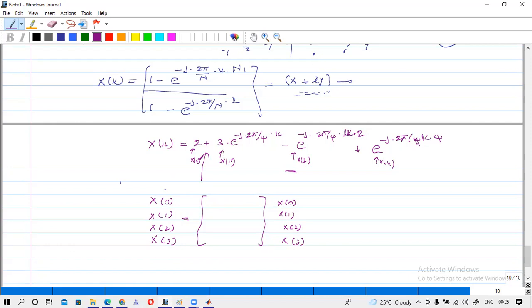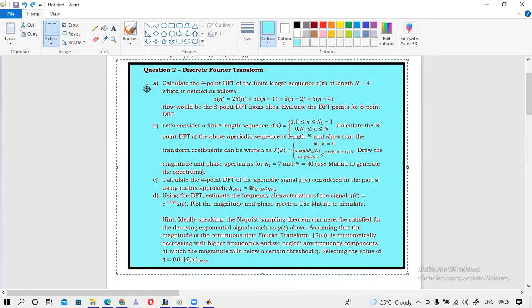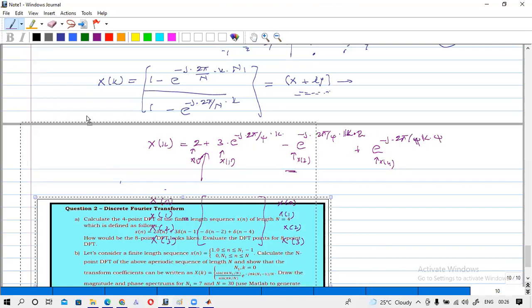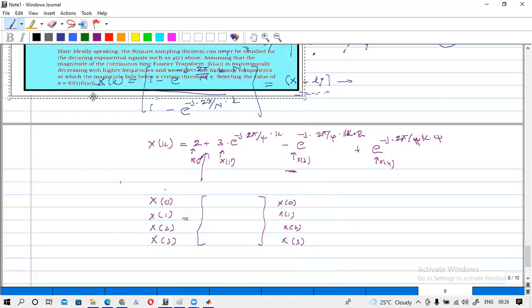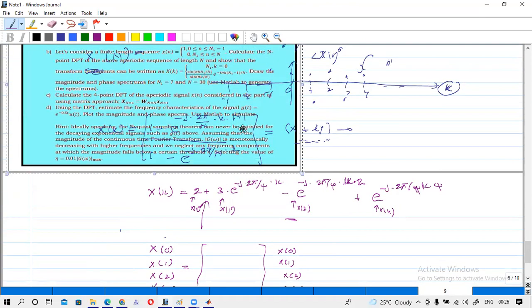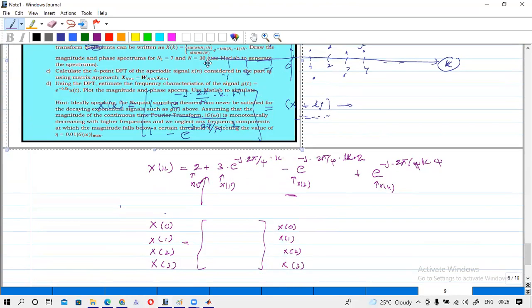So you can see that this will be xn by 1. Okay, so this is the number of rows and this is the number of columns.